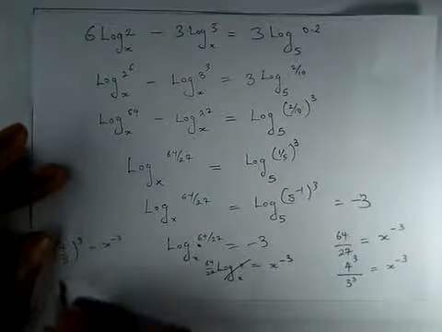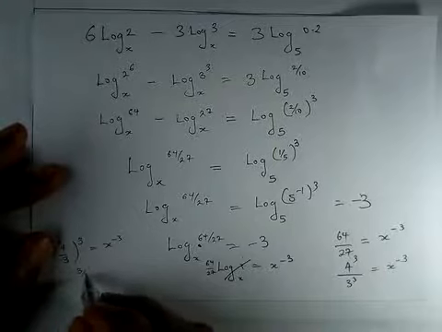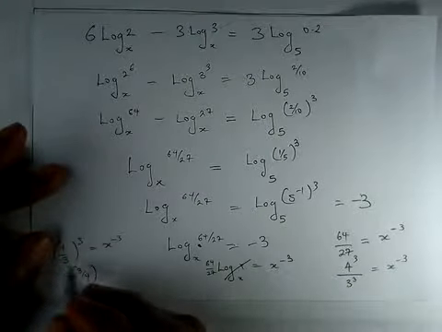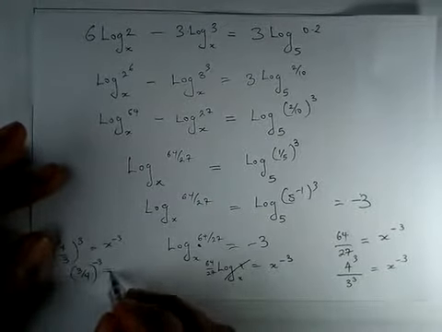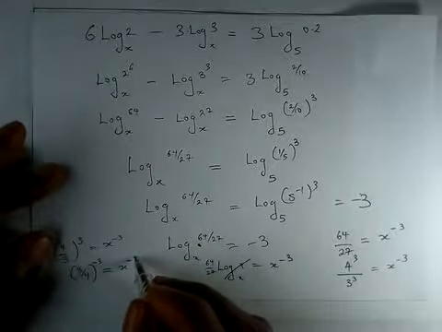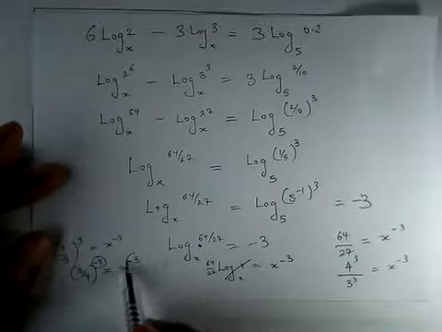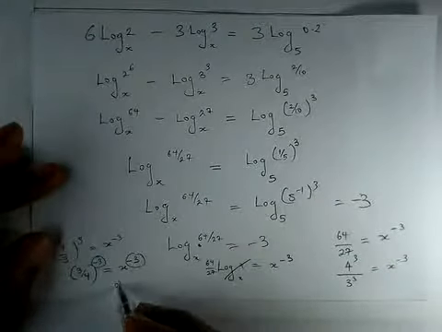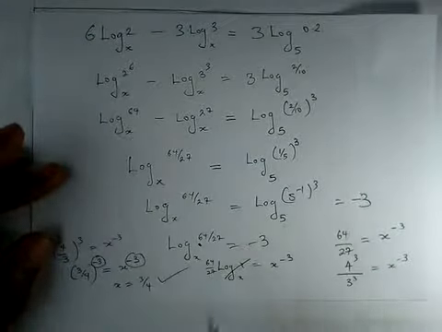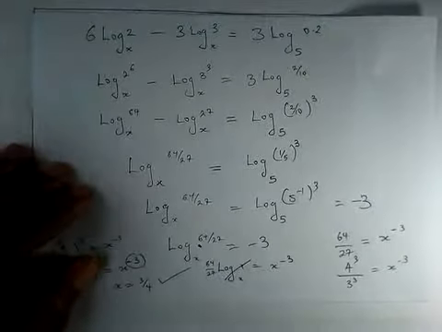Now for us to have minus here, we have to flip this to be 3 over 4 raised to power minus 1, which is now this. Now by comparison, this is minus 3, this is minus 3, meaning that s is 3 over 4. Okay, wow, that was also a JAMB question.